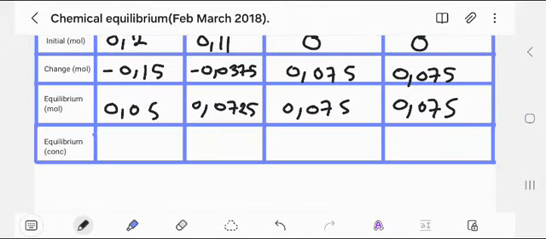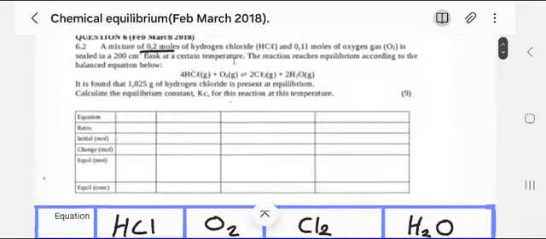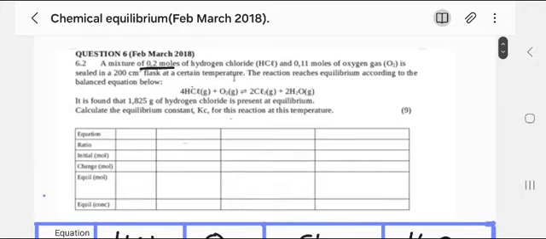Here we know that you'll use this formula for equilibrium concentration. C is equal to n over what? Volume. For that one it is 0.05 divided by 0.2. Remember, we're given this in centimeter cubed, 200 centimeter cubed.